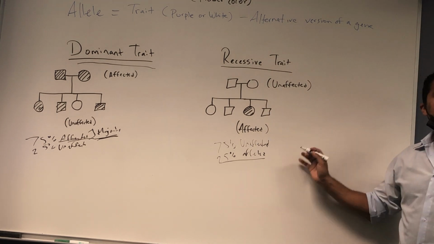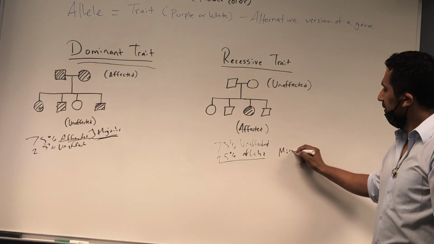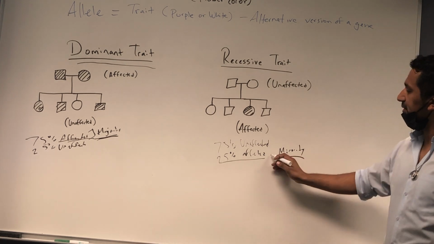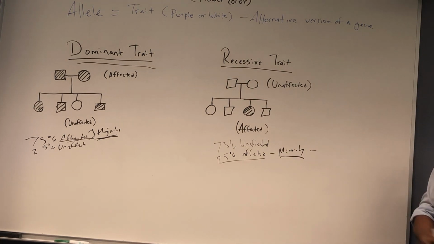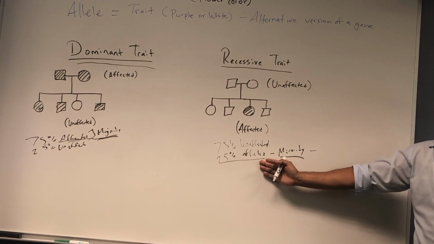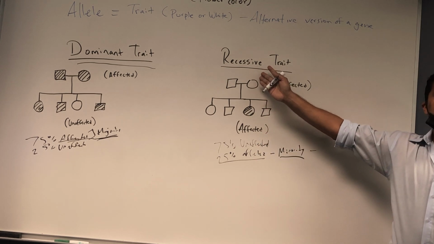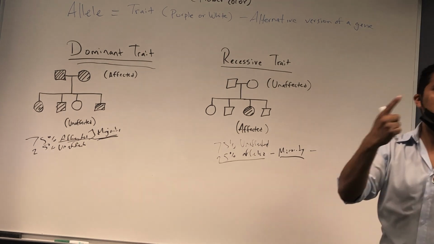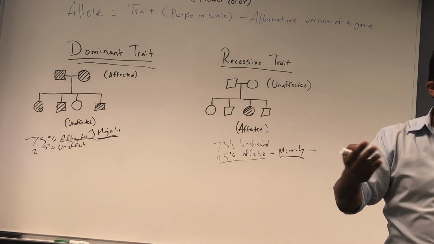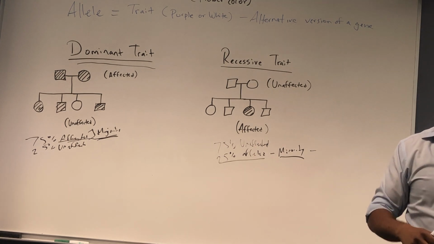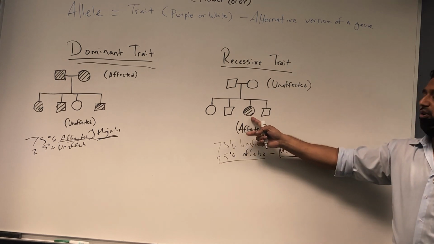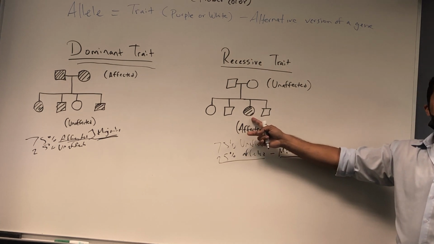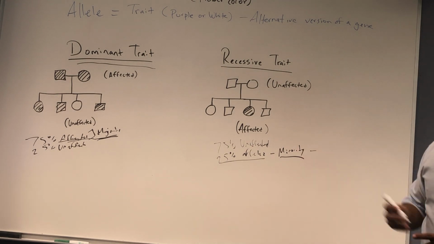So the minority are showing the trait, the ones that are affected. If the minority are the ones showing the trait, that is a recessive trait. The other ones are protected because it takes just one dominant allele to protect them, not to express the trait. It will only take a homozygous recessive to express a trait. Okay. Does this make sense?